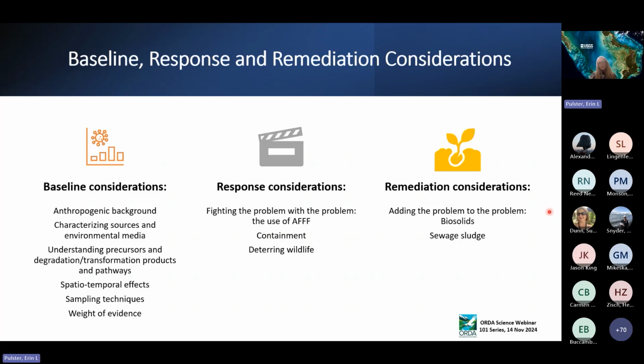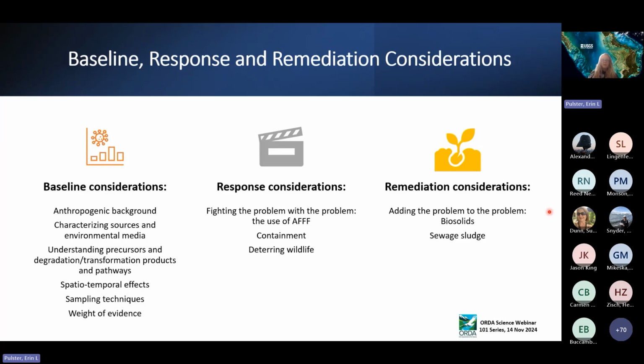Right, yeah. Once you add it, it's going to migrate and transport to the groundwater, and it's also going to be taken up by crops and vegetation. I know it's a big problem using biosolids right now on farmlands because it is being taken up in our foods. So that's a very good question.